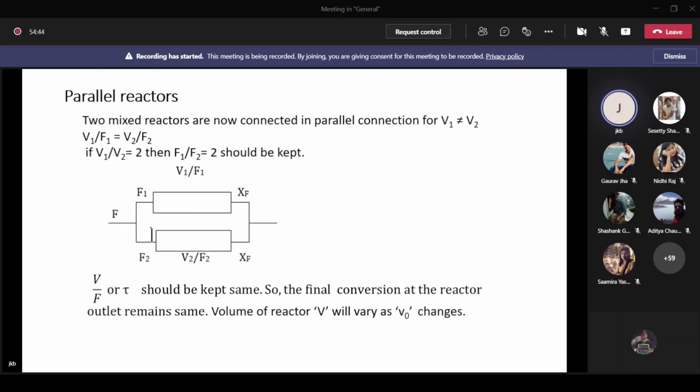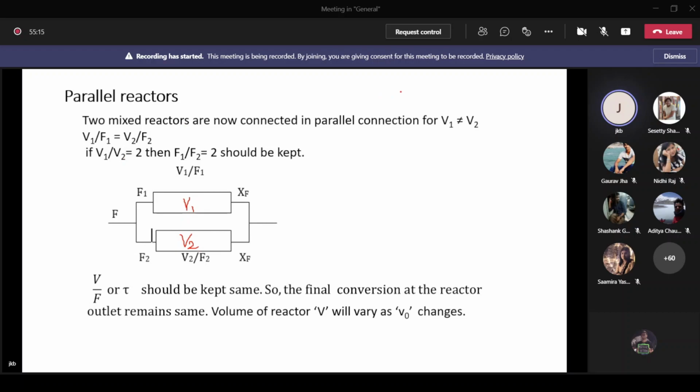That you have to design first. Now if you compare the mole balance for the individual reactors, say this is V1 and this is V2, two different volumes. These two reactors are arranged in parallel, and F is the total feed rate, and this feed rate will be divided into two streams, F1 and F2.